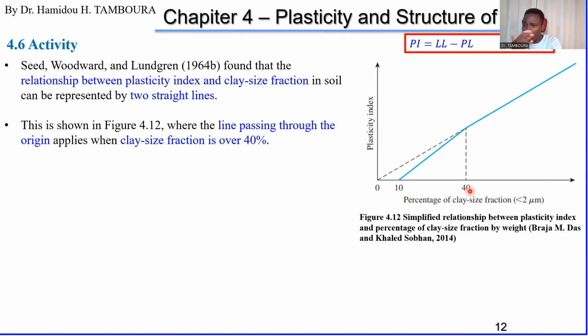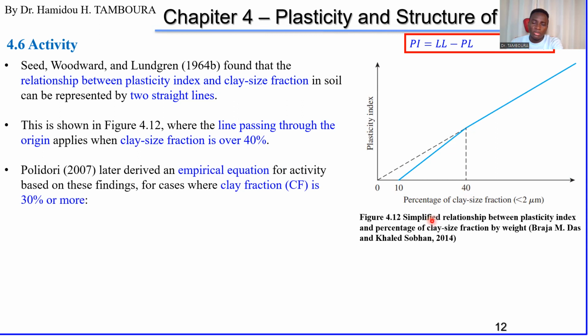It means that for this line to pass through the origin, the amount of clay size particles needs to be around here. Not exactly 40, but around this value.